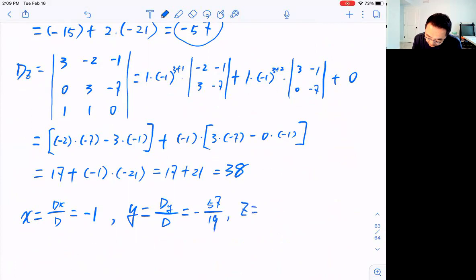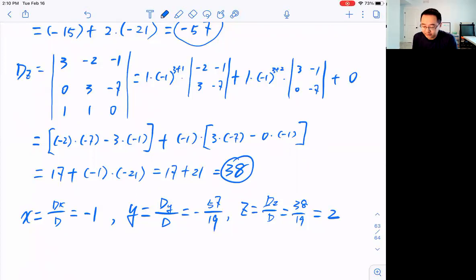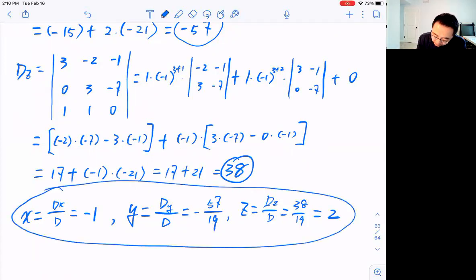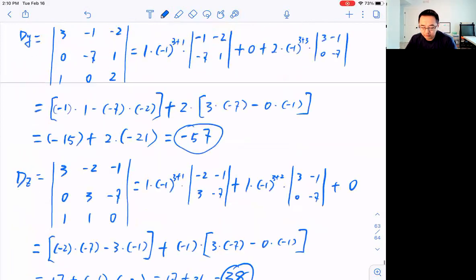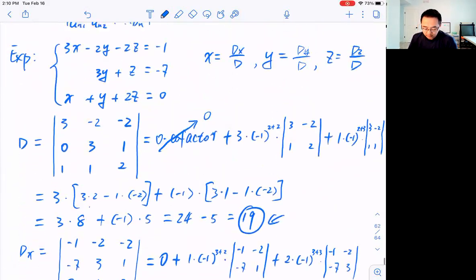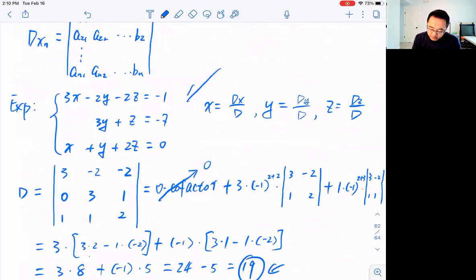Then z is dz over d, which is 38 over 19, which is positive 2. Now, this is the unique solution to this whole system of equations, and you can plug them all back into all 3 of these equations to verify that they do actually work, and they do. I verified it.